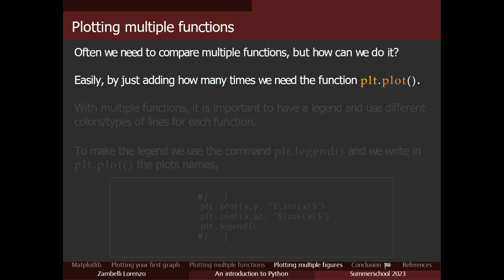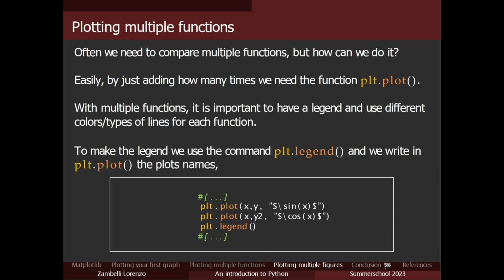Okay, now we want to plot multiple functions. But how can we do it? Easy. Python is really easy in this regard. We just use the plot function multiple times. And obviously we will also need to have a legend, because otherwise the user will not understand which function is which.